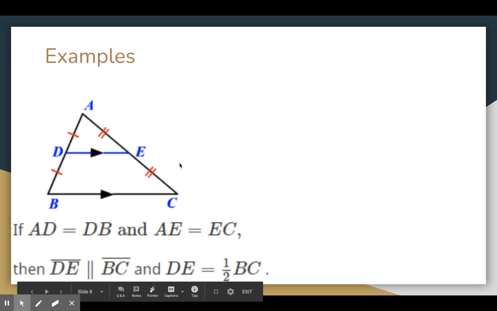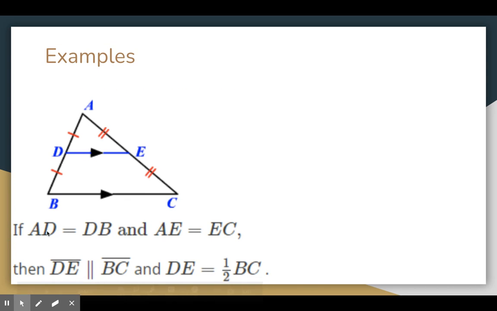Okay, so our example here, right? If segment AD equals DB, segment AD is congruent to segment DB, that means that point D has to be a midpoint because it cuts this line in half. AE is congruent to EC, again, because E is the midpoint of AC.